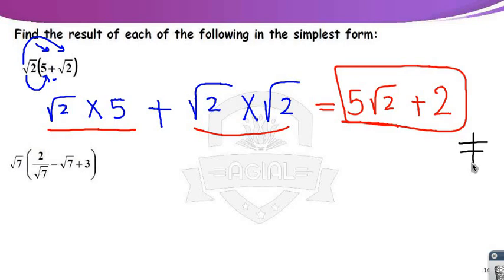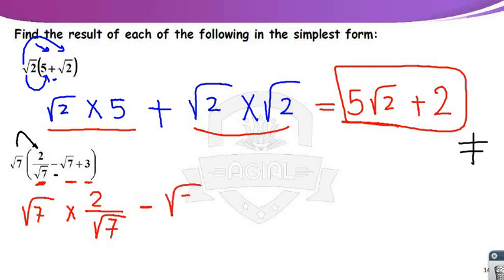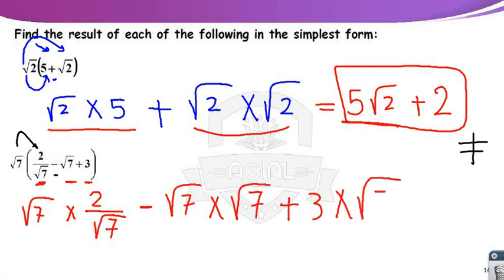Okay, we have number 2, square root of 7 multiply (2 over square root of 7 minus square root of 7 plus 3). So here we have 3 terms. Square root of 7 multiply 2 over square root of 7, minus square root of 7 by square root of 7, plus the third term, 3 by square root of 7.